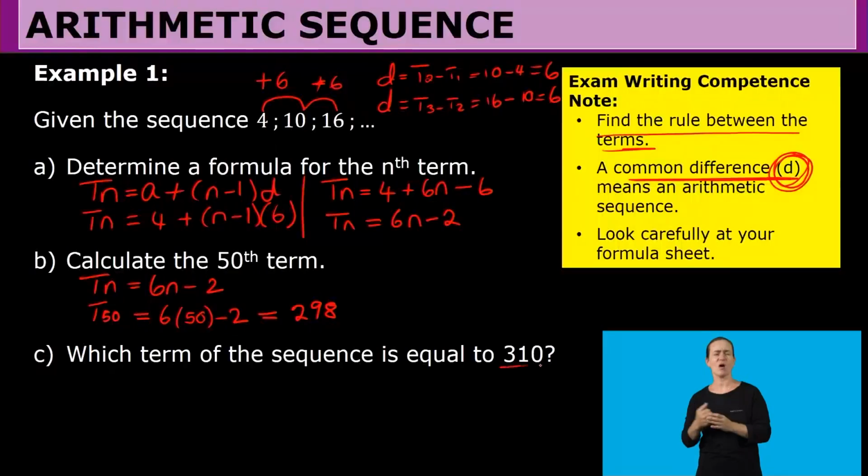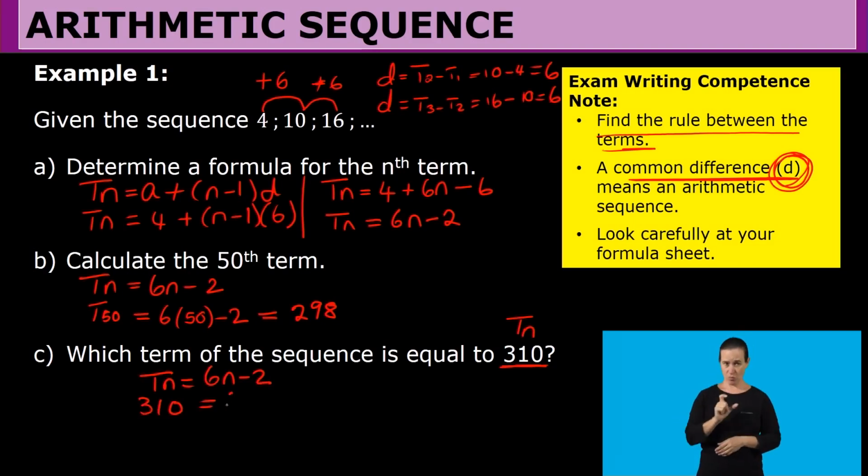So when we are asked which term of the sequence is equal to 310, then we know that that 310 is our Tn, that is our answer, and we are just trying to find which term it was in the sequence. So we are going to write down our formula. Tn is equal to 6n minus 2. And then in the place of Tn, we have 310. That is going to be 6n minus 2.